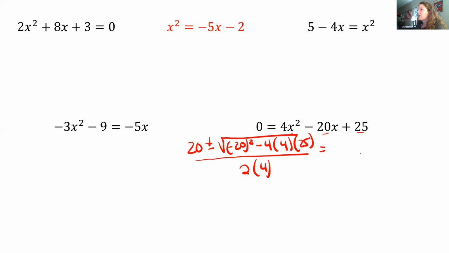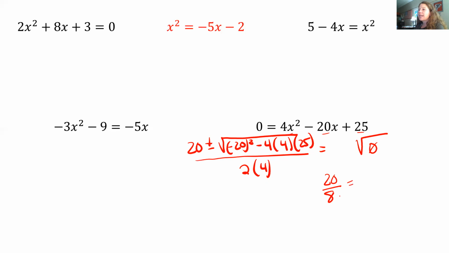So under the radical we have a 0, and the square root of 0 is 0. So whether I write 20 plus 0 or 20 minus 0, my numerator is only 20, and in my denominator I get 2 times 4, which is 8.